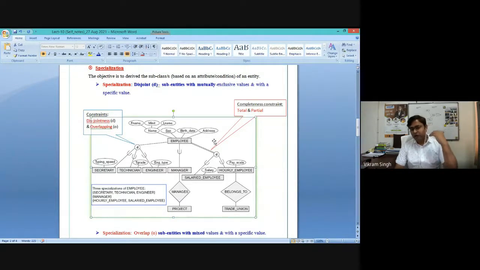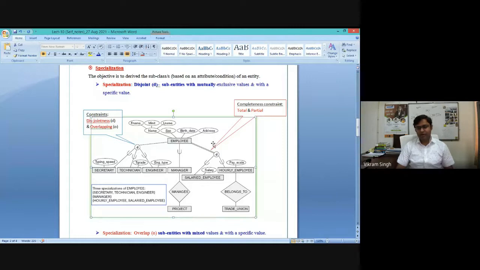So we could perform another specialization based on their salary or their nature of employment, right? So maybe out of 100 there are 60 employees who are working as salaried employees, and the remaining 40 will be working as hourly paid employees, something like that, right? So this is how you can perform the second specialization also on the employee entity, right?